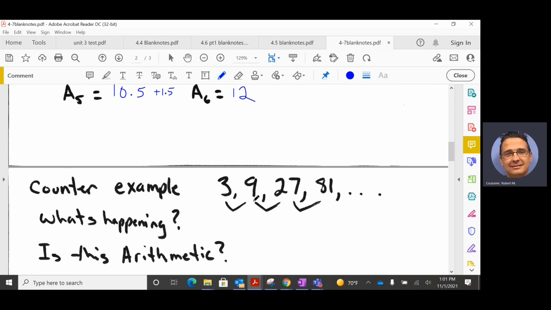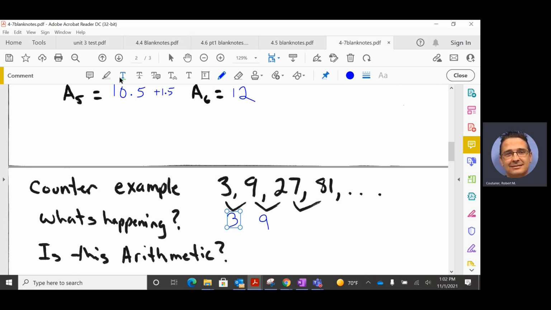What if we were to take this? Let's take, instead of subtracting these, let's divide. We take 9 divided by 3, we get 3, right? 27 divided by 3 is 9. 81. Did I do that right?